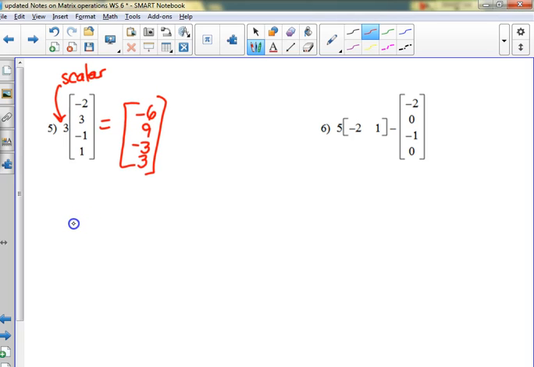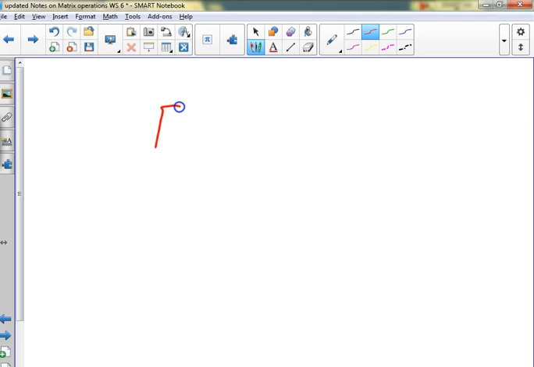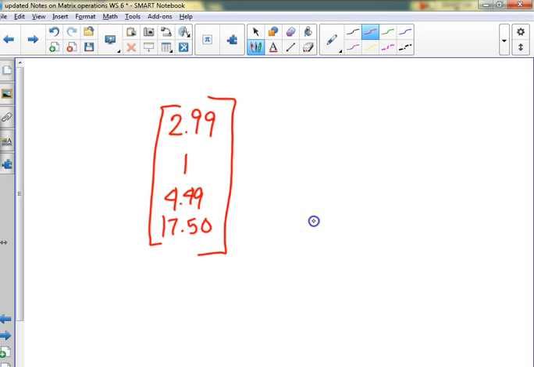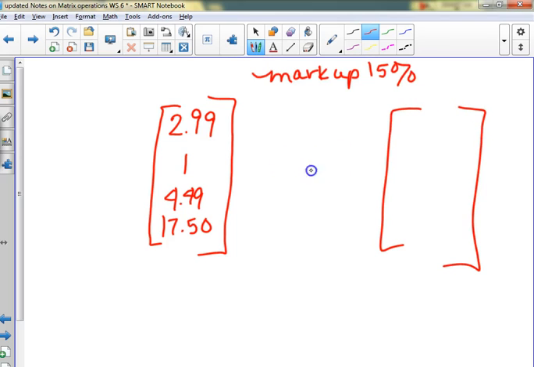There's one of these on the final exam, and it looks like this. It says, here's the amount we paid for a bunch of new inventory. Okay, these are 4 items in our inventory. And we are supposed to mark them up 15% and have our pricing matrix.